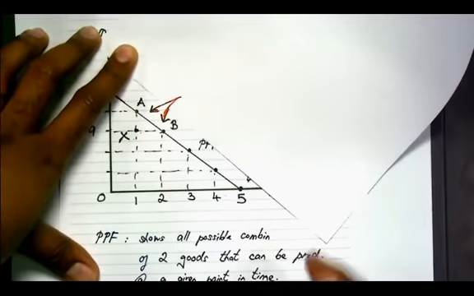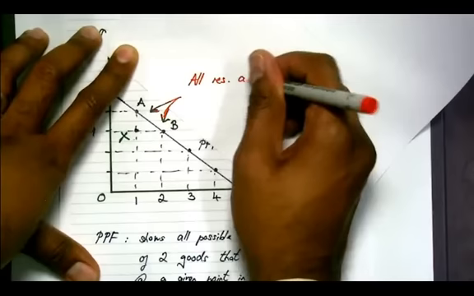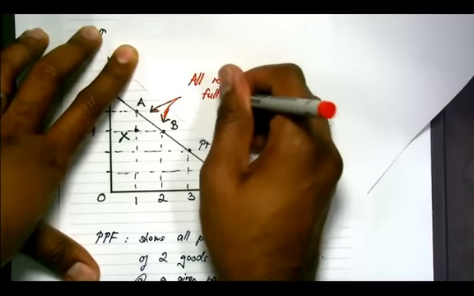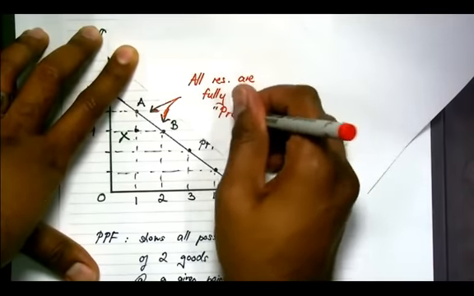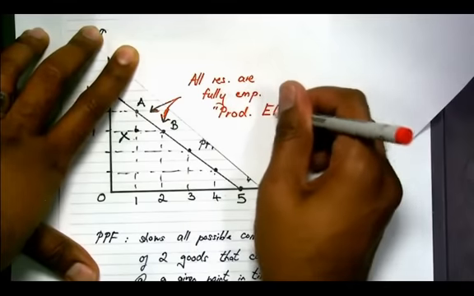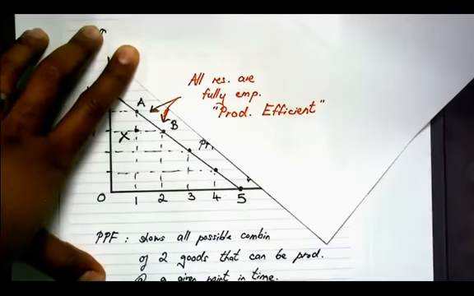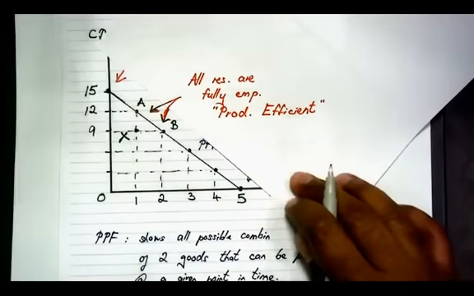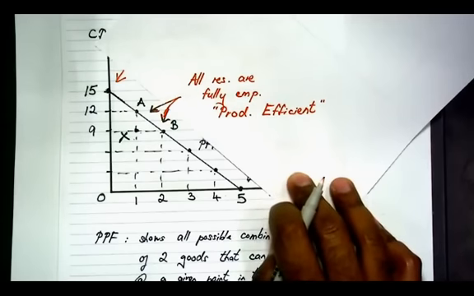So if we had a combination like A and B, all resources are fully employed. Again, that's on the bottom of page 16.